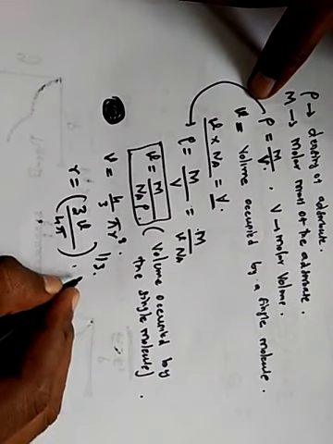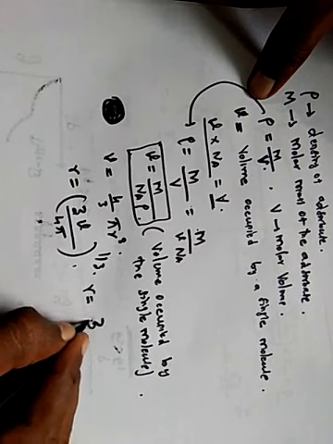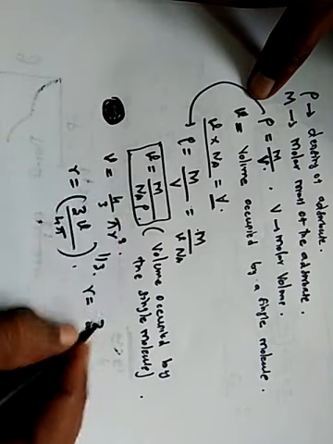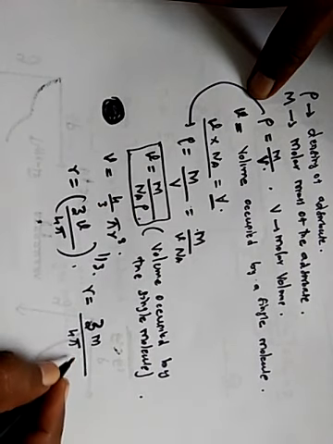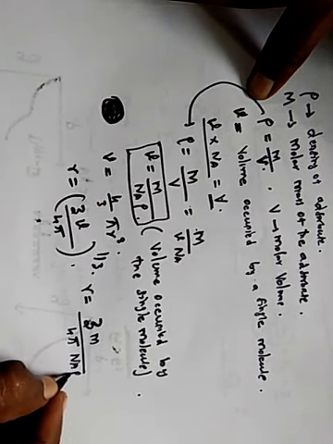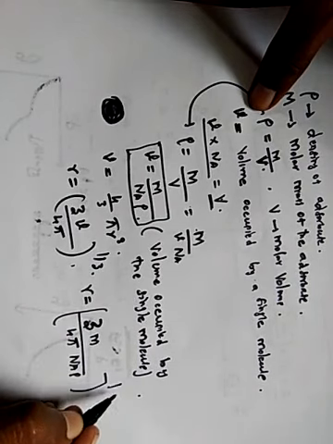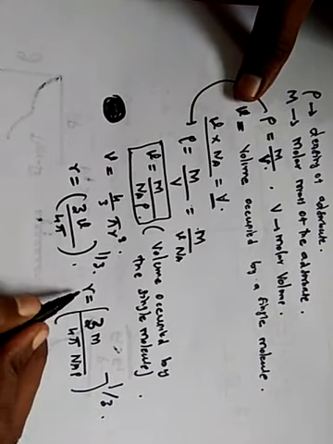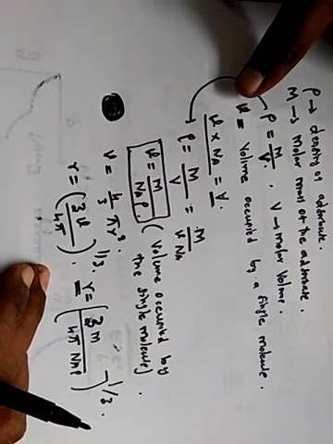Radius is given by 3 times v, and small v is M divided by Na times rho. Therefore r equals 3M over 4 pi Na rho, power 1 by 3. So this is actually the radius of the molecule, the radius of the adsorbate.